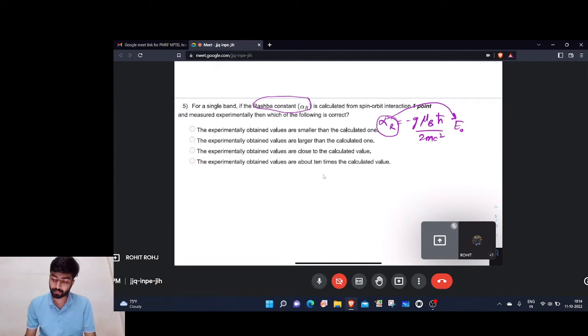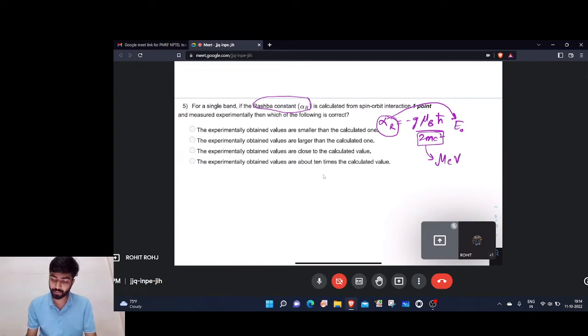But the problematic thing in the denominator is mc square, which is very large for an electron, because c is very large and the approximated value is in million electron volts.